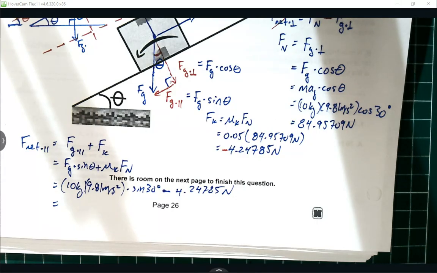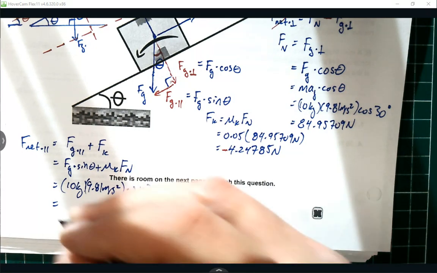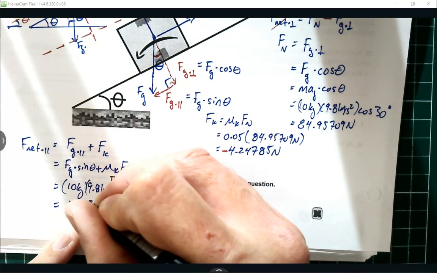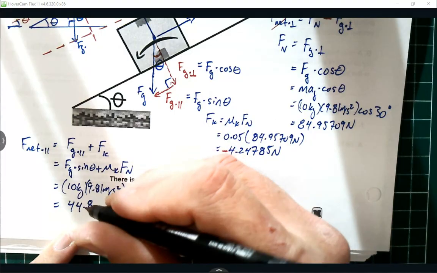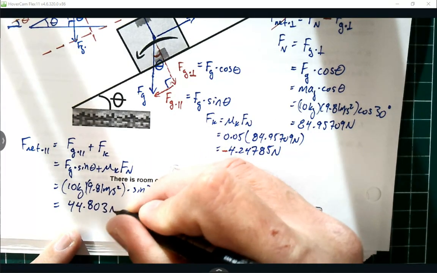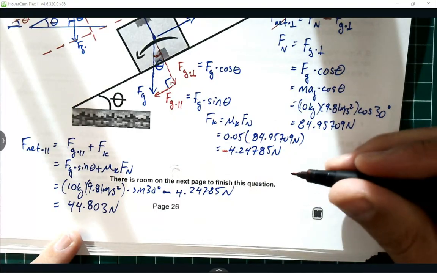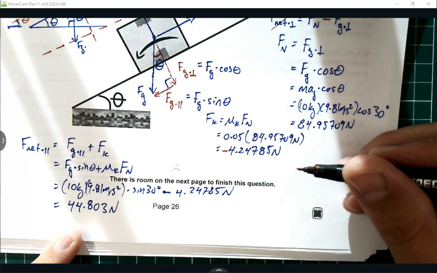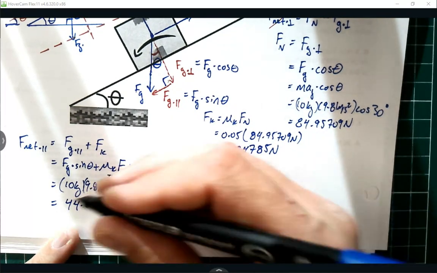Anybody got it? I feel like Peyton's got it. 44.803? Okay. All right, and that's newtons. And then if we're going to find the acceleration, we're in Newton's second law mode now.